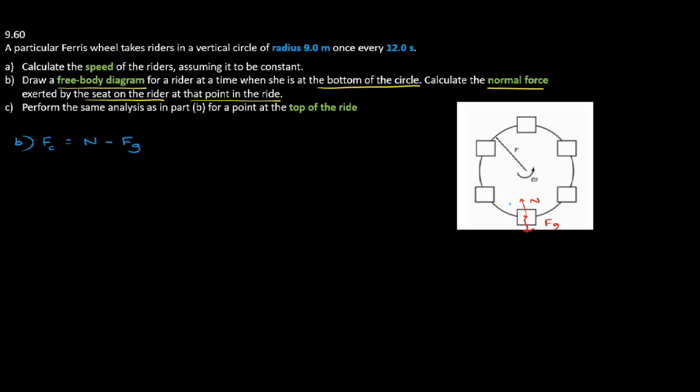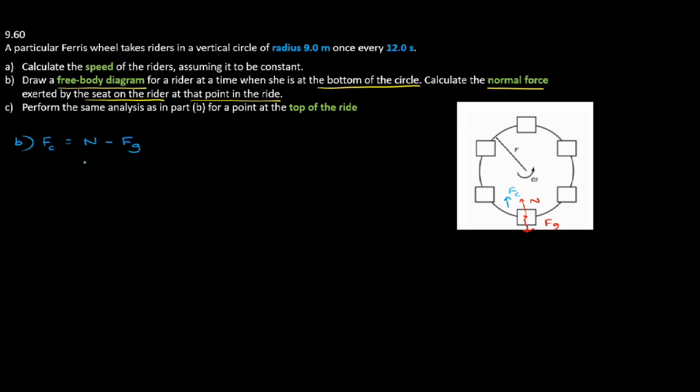Because not all of the normal force is used for centripetal force, some of it is used to overcome the force due to gravity. And if you look at the direction of these forces, centripetal force is acting towards the center of the circle. So it will be going up, which is taken as positive. Normal also will be taken positive since it is pointing vertically up. Force due to gravity is acting down, so hence it is taken negative.